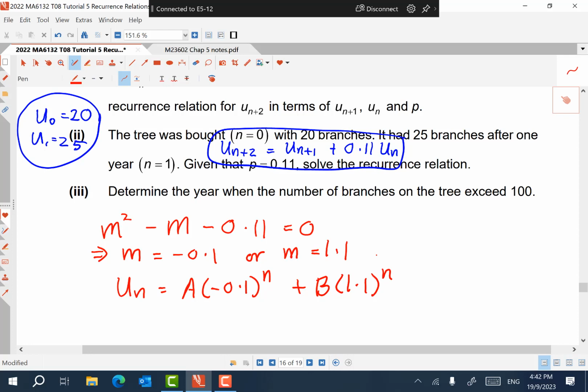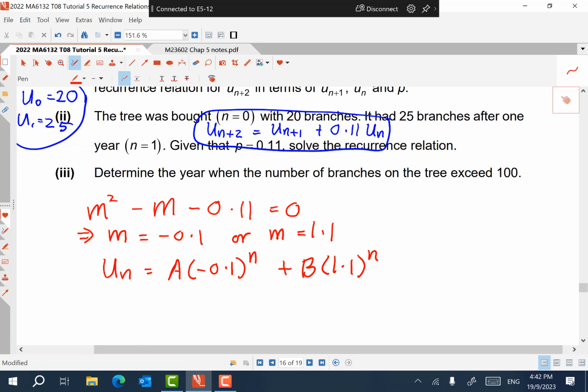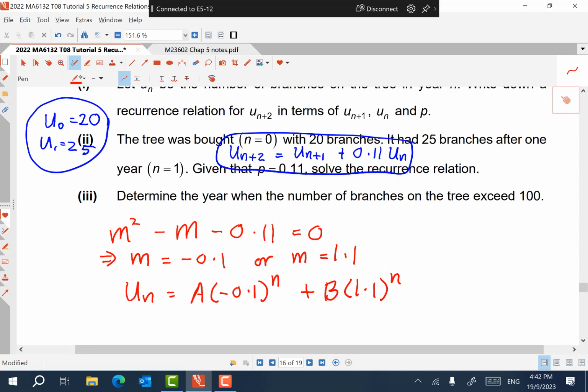You're supposed to establish the simultaneous equations, right? How do you obtain the simultaneous equation? Okay, let's hear from Le. The first simultaneous equation that you can tell me.